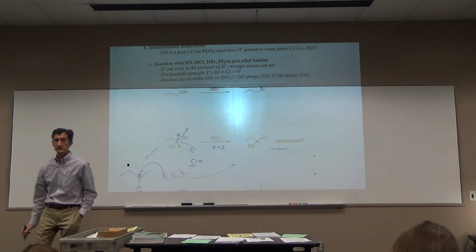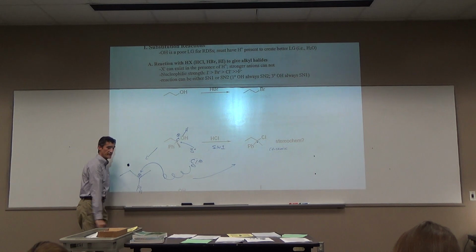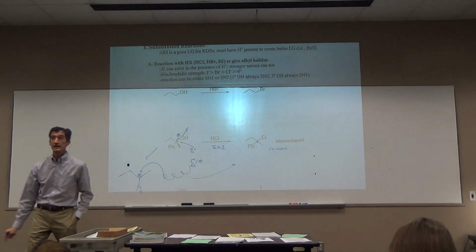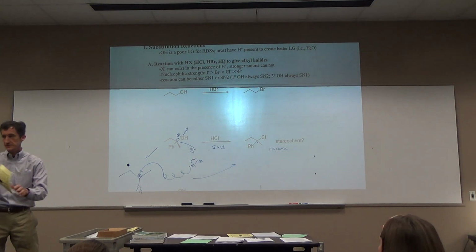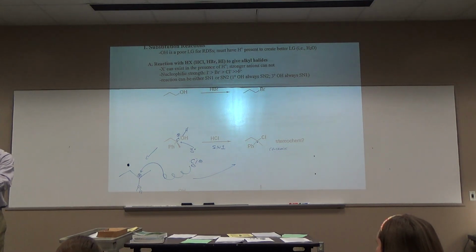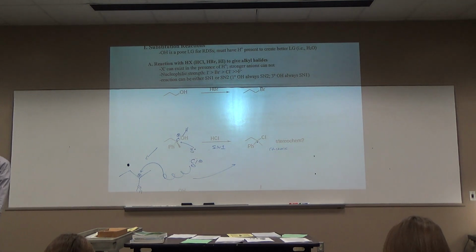Why both? How do you attack a carbocation? Either side, right? What's the hybridization and geometry of a carbocation? sp2 trigonal planar. Planar like a piece of paper. Here's the positive. Which side are you going to attack? Either one, 50-50. That's why you end up with racemic. Everybody knows what racemic is? Yeah? Okay.